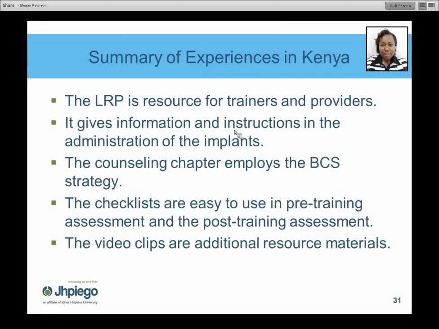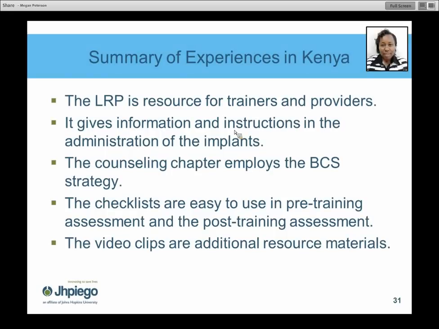Next slide. So in summary, the learning resource package is a resource for trainers and providers because it gives comprehensive information about implants, all the technical information about implants, and how to go about the provision and administration of implants.